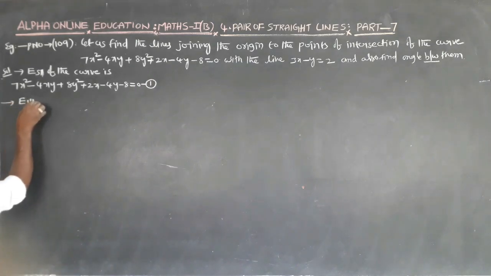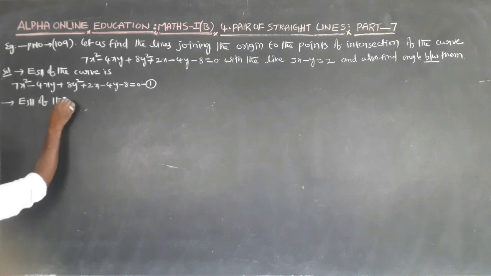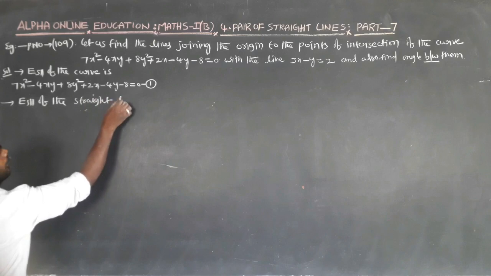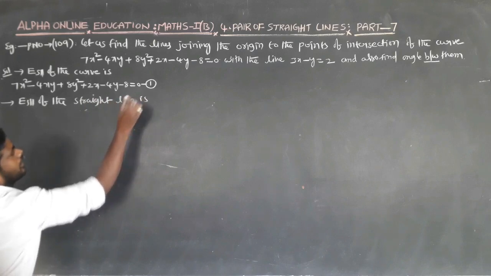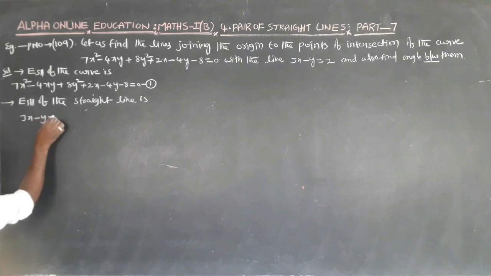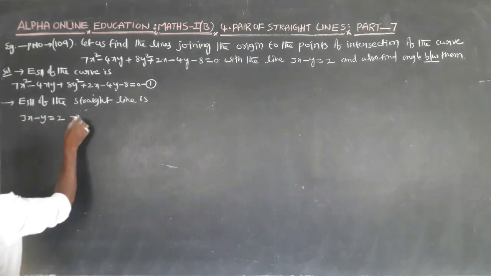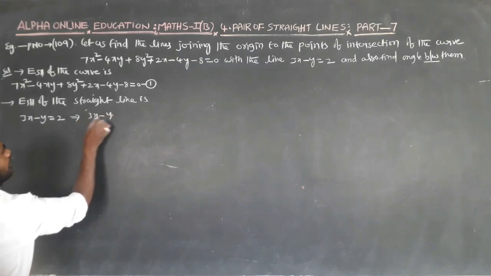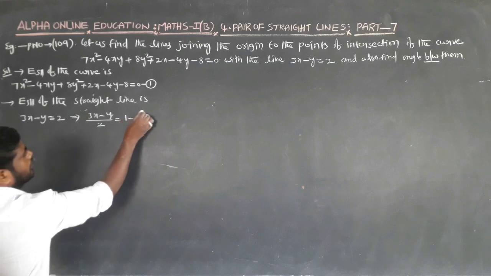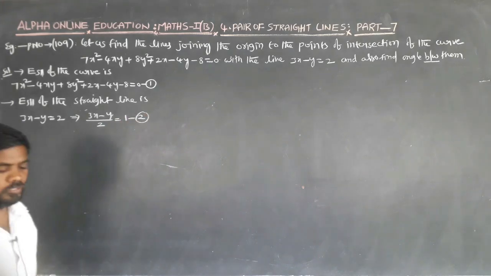Next one is the equation of the straight line. Equation of the straight line is 3x minus y is equal to 2. Write the line in the form (3x minus y) by 2 is equal to 1.